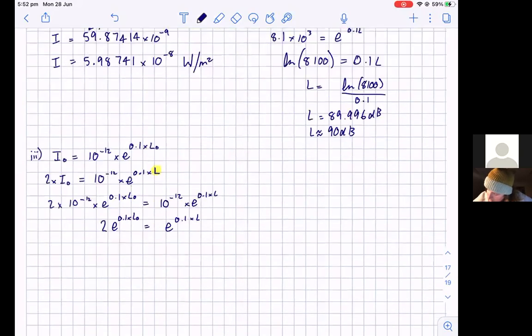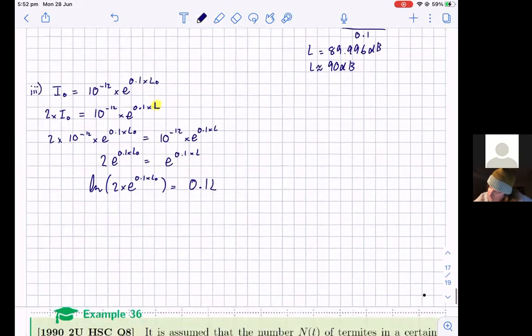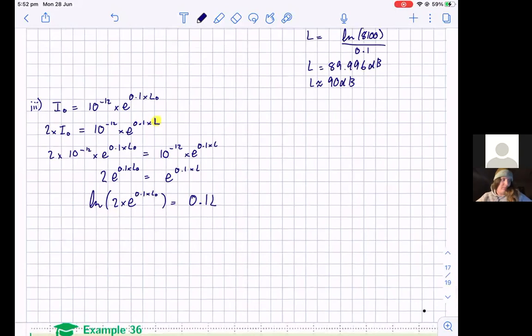Let's ln both of these. ln of 2 times e to the 0.1 times L naught equals 0.1 L, which means, have I just completely confused myself?